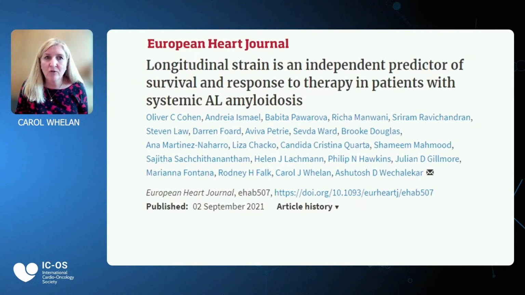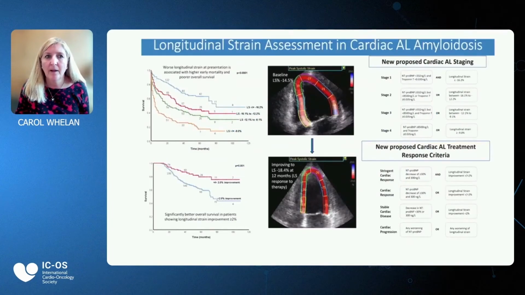We have published recently that longitudinal strain is an independent predictor of survival and response to therapy in patients with systemic AL amyloidosis, led by Oliver Cohen, my colleague. We can see on the left-hand side of the screen that worse longitudinal strain at presentation is associated with higher early mortality and poorer overall survival.